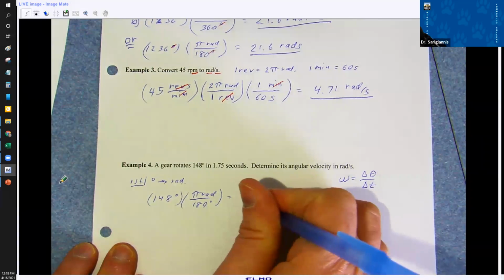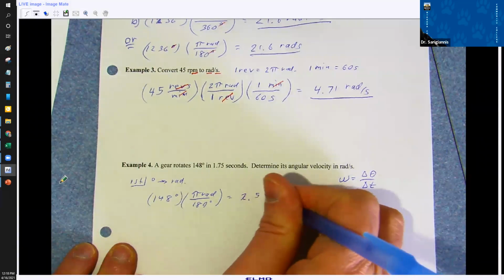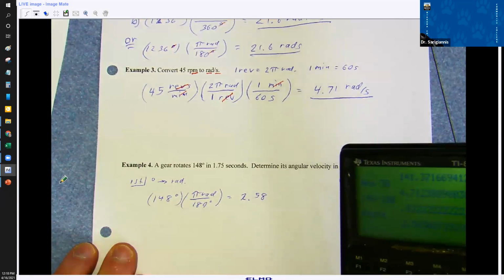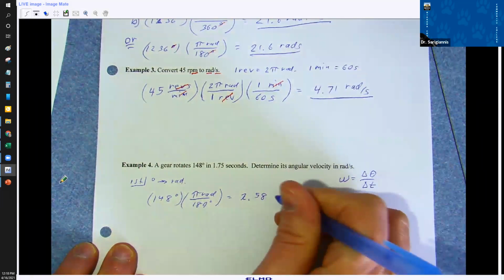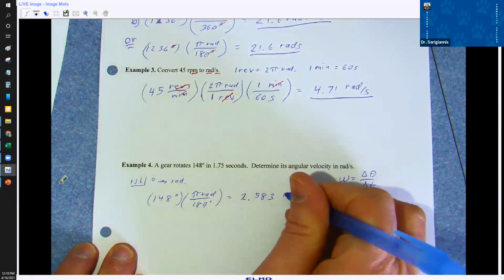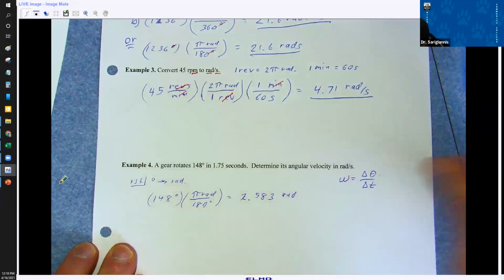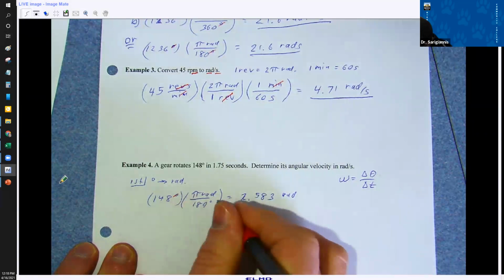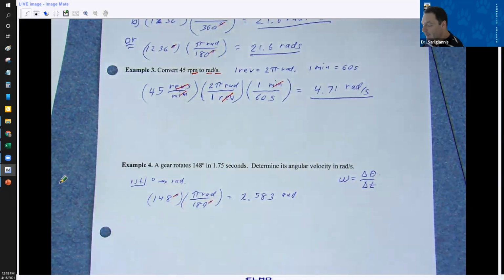Forgot to multiply by pi. We've got 2.583 radians. 148 degrees is 2.583 radians. That's the theta, right?